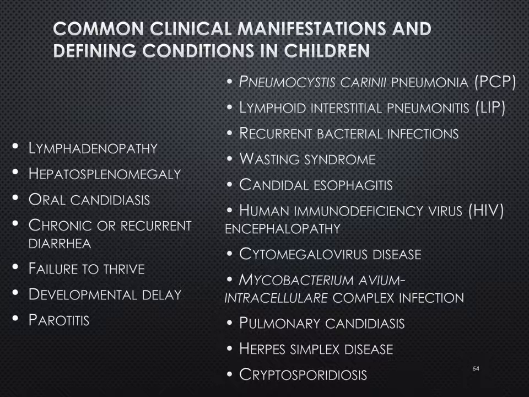peritonitis. We start seeing the defining conditions in children, which is really when you're starting to see AIDS, when they have Pneumocystis carinii pneumonia or PCP, lymphoid interstitial pneumonitis or LIP, recurrent bacterial infections, and wasting syndrome, which goes along with that chronic or recurrent diarrhea, and candidal esophagitis.